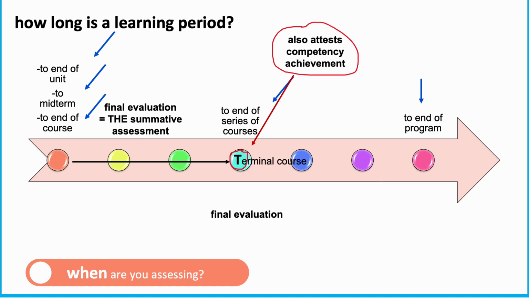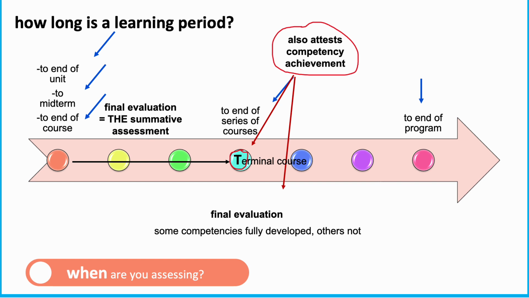It becomes a challenge when this course is terminal for a competency, but not for others, and this is because of the way the program was designed. In this case, the question comes back to, what are you assessing in the final evaluation? And also, what allows you to attest to the achievement of the competency?